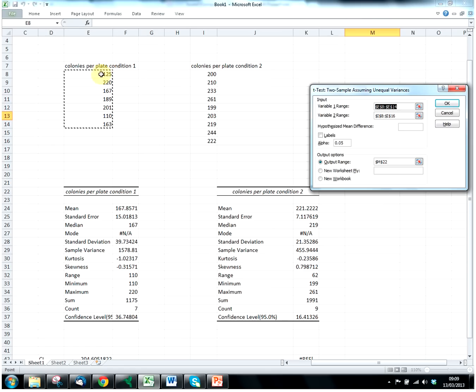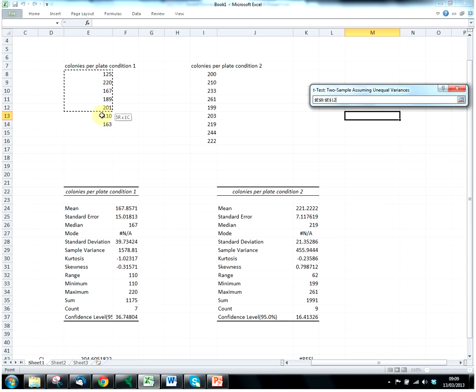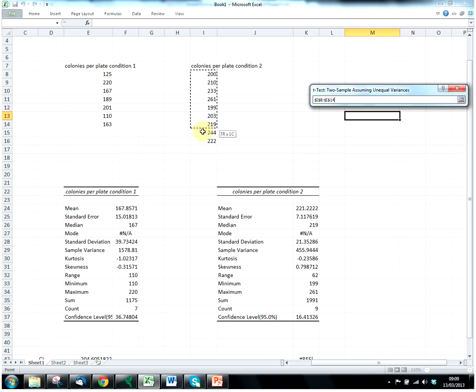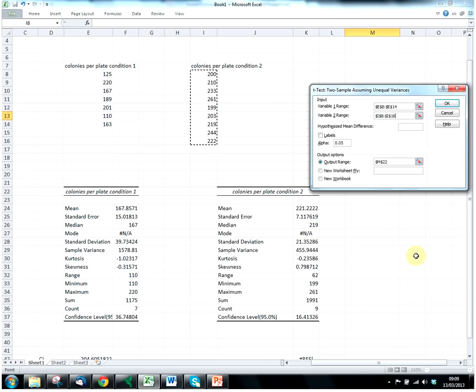Now we put in variable number 1, so that would be this one here. We put in variable number 2, so that would be this one here. And for the rest, we don't have to really worry about. We don't need to set a hypothesized mean difference, because we say there is no difference.